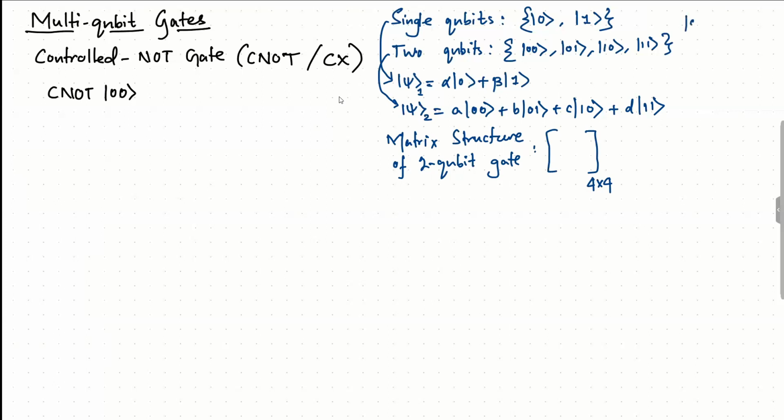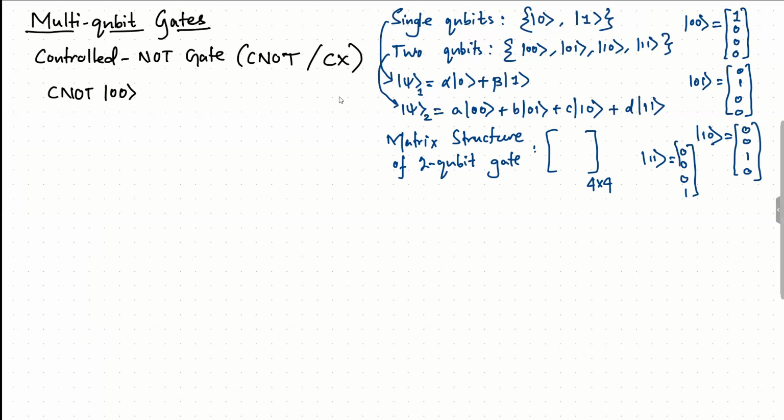What I mean is 00 would be this vector 1, 0, 0, 0. 01 will be 0, 1, 0, 0. 10 would be 0, 0, 1, 0. And the last one, 11, would be 0, 0, 0, 1. So since the vectors of these basis states are 4x1, we need a 4x4 matrix to apply on two-qubit gates. All right, I'll just keep this aside and come back to CNOT.